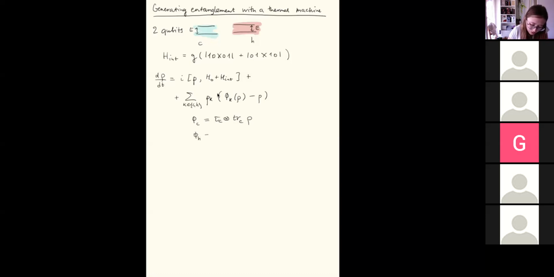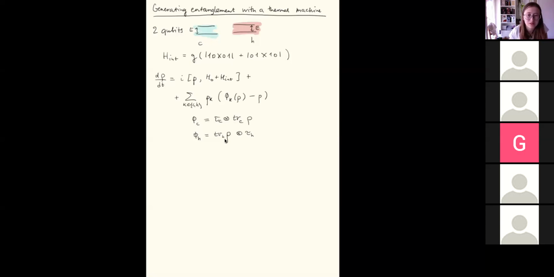And for the hot bath, the hot qubit will go into the thermal state, and for the state of the cold qubit, we just trace out the hot qubit from the initial state.